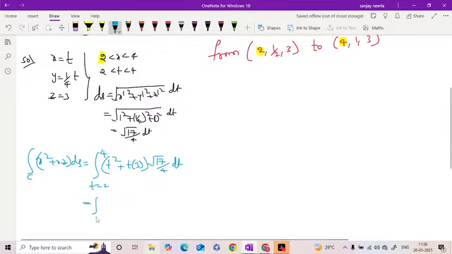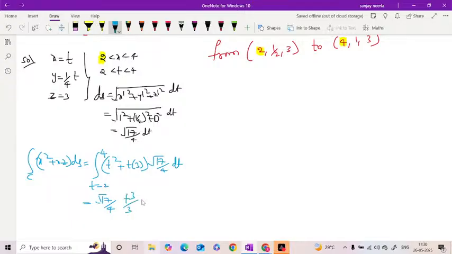So integral 2 to 4, root of 17 by 4 outside. Integration of t square is t cube by 3, plus 3 times the integration of t, which is t square by 2, limits from 2 to 4.